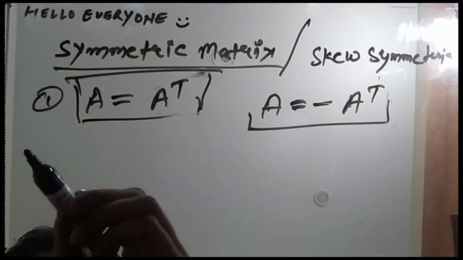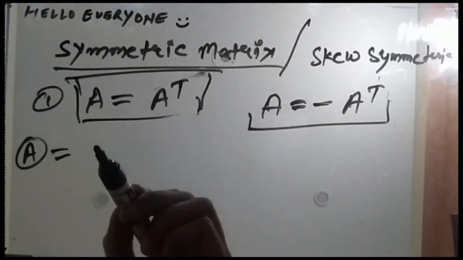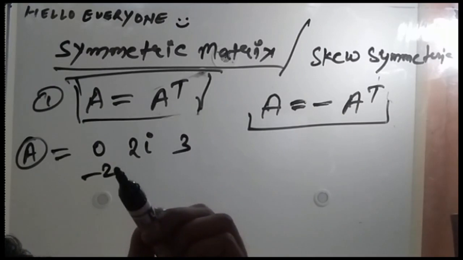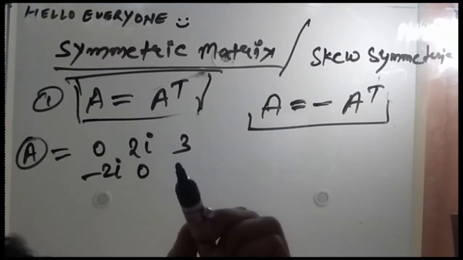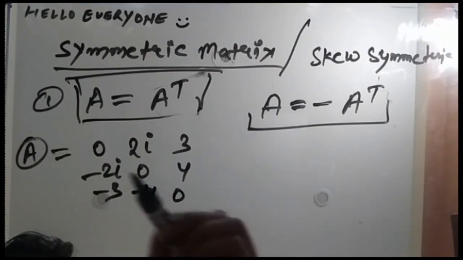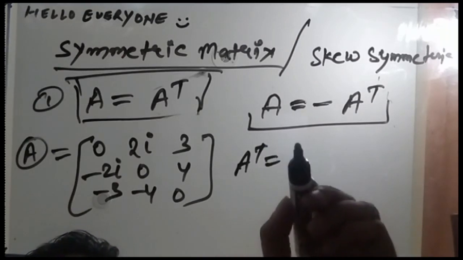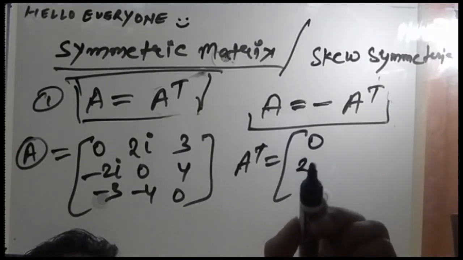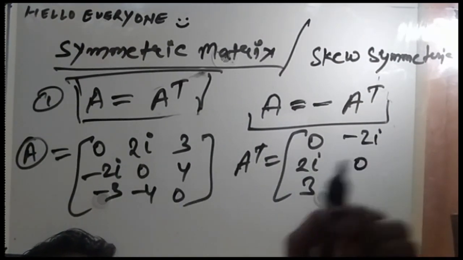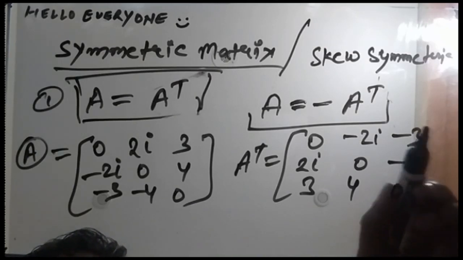For example, let's assume A matrix 0, 2 iota, 3, minus 2 iota, 0, 4, minus 3, minus 4 and 0, and find the transpose A transpose, which will give 0, 2 iota, 3, minus 2 iota, 0, 4, next minus 3, minus 4, 0.